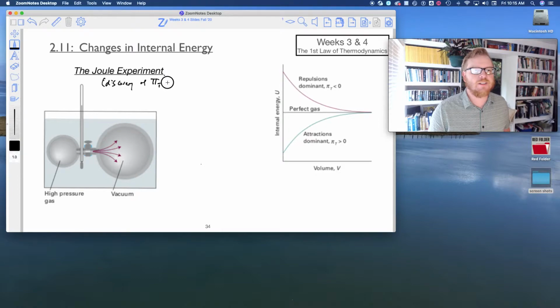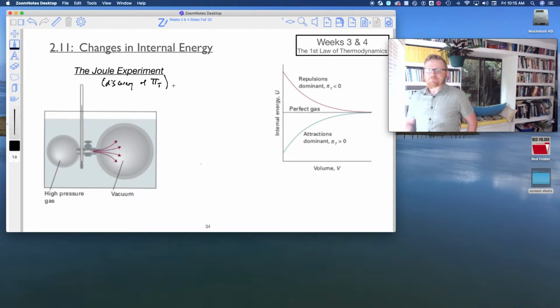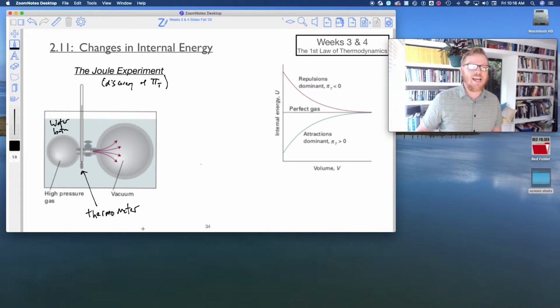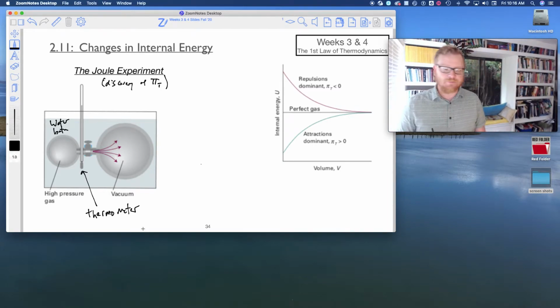So what Joule did in this experiment, he had high pressure gas on one side and vacuum on the other side, surrounded by a giant water bath in which he had a thermometer. Yes, I did say a thermometer, the requisite instrumentation for measuring thermo.